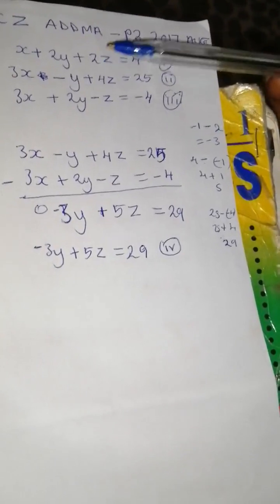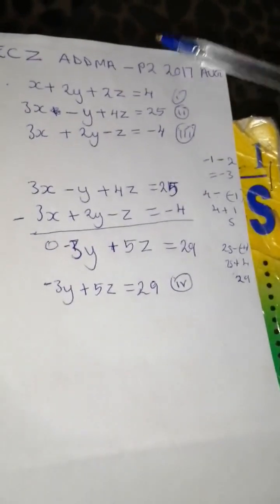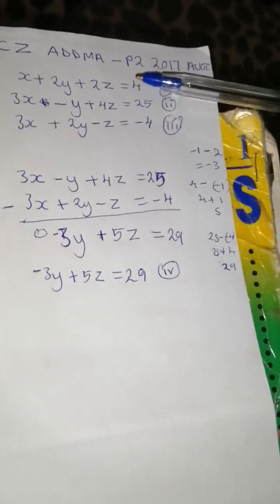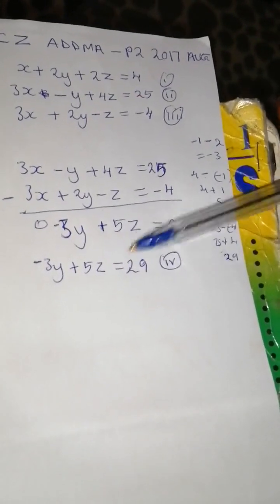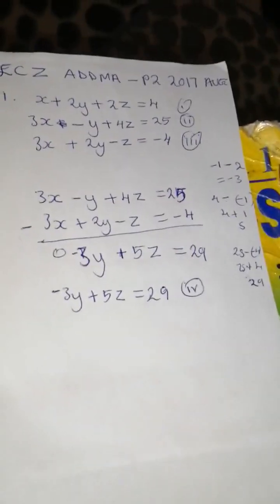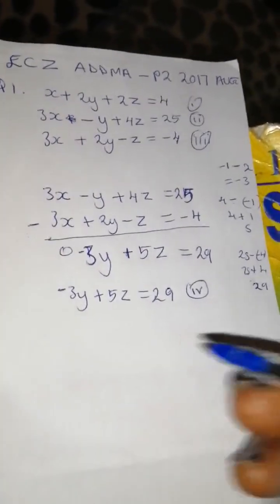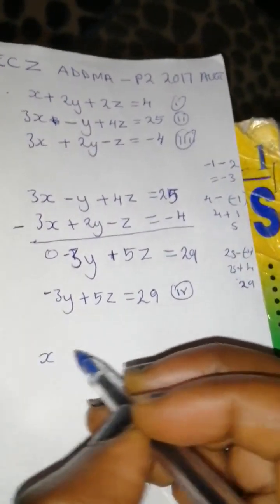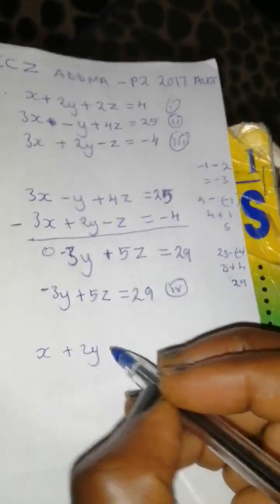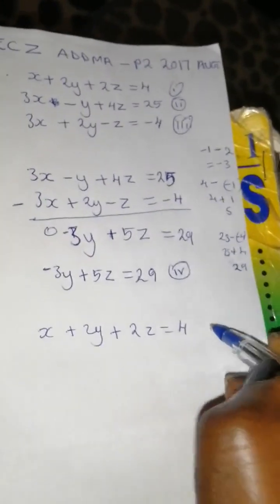We left x plus 2y plus 2z equals 4. Even this one, we have to convert it to an equation in two variables. So we need to eliminate x since we've eliminated x here. So I can compare it to any of the two. So if I get x plus 2y plus 2z equals 4, which is equation 1.